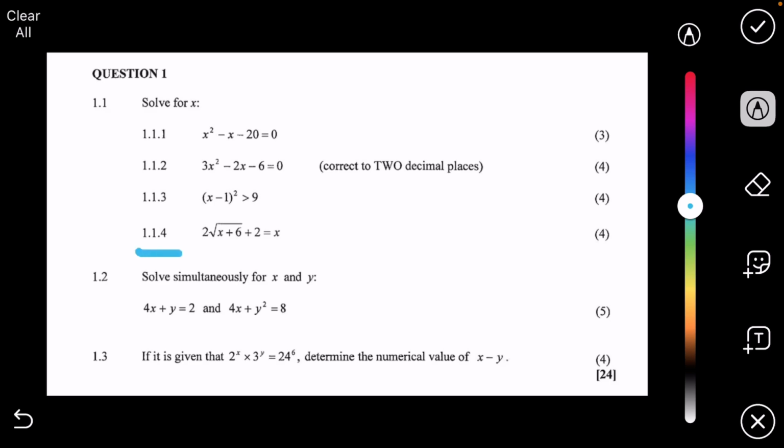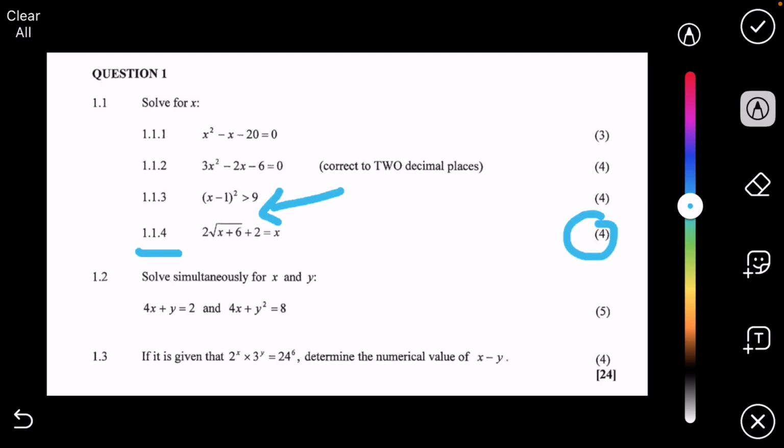Guys, let's move to 1.1.4. Obviously, you're given an equation where you might need to remove that square root. You need to be very careful when you approach this type of question, taking into account that it's allocated 4 marks.